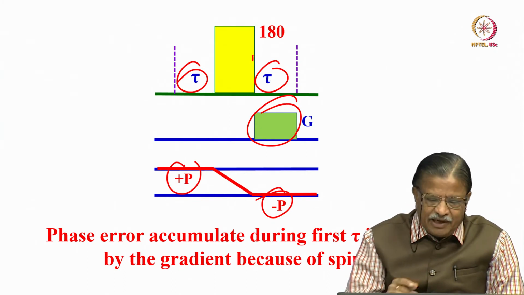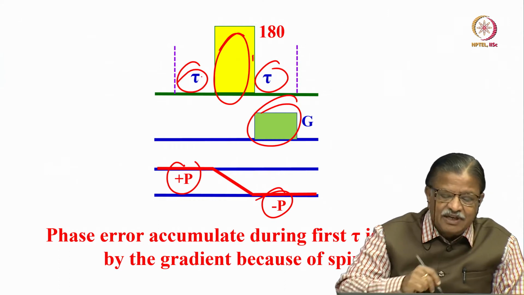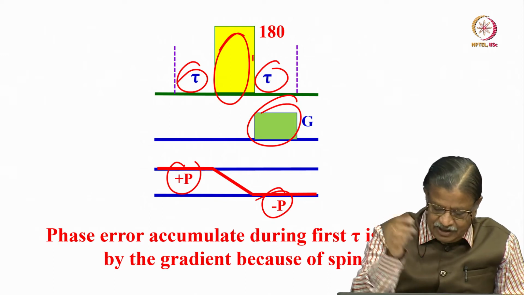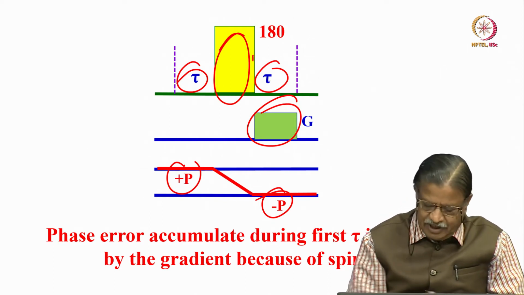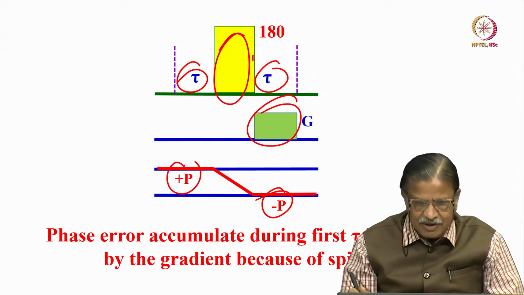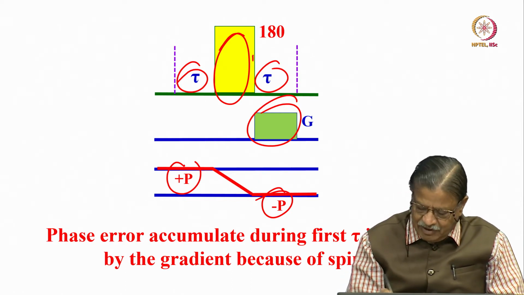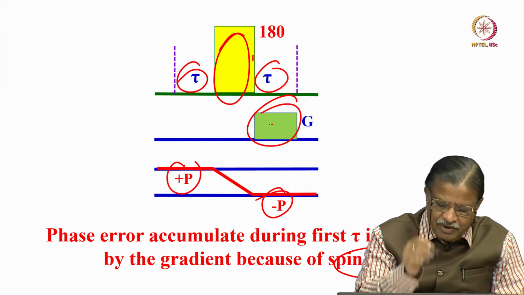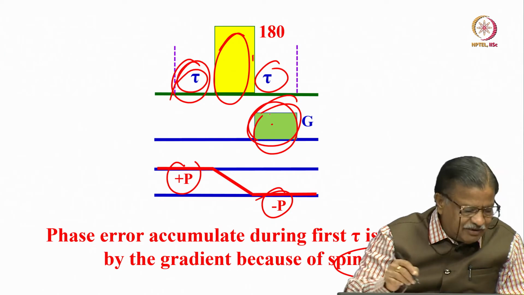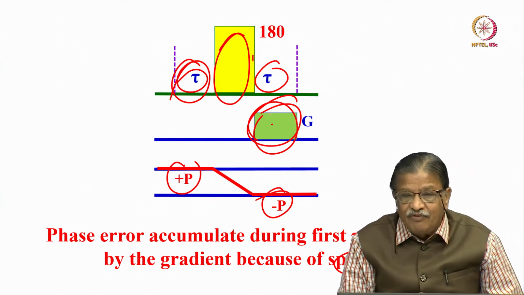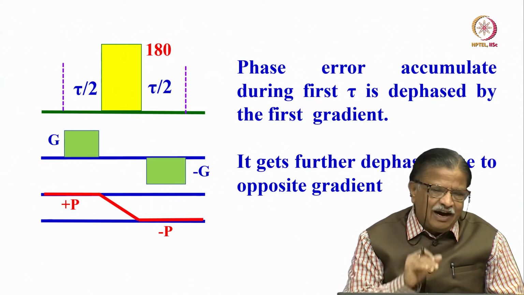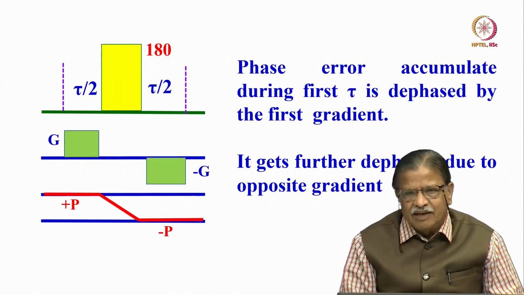Now what I am expecting is that because of this gradient, phase errors will come. Phase errors will accumulate during the first tau, and it has to be refocused by the spin echo. Whatever phase error is acquired here, this gradient will completely refocus, and that way any phase error, if present, can be completely removed.